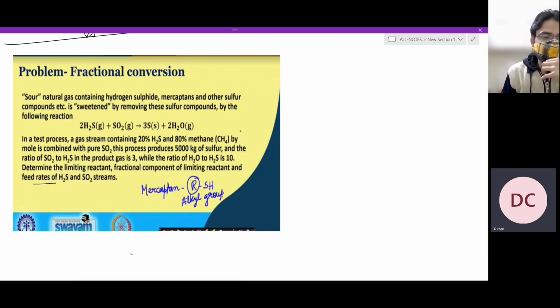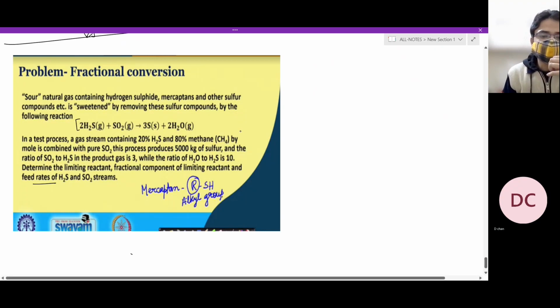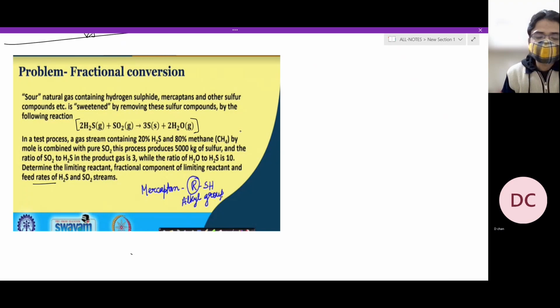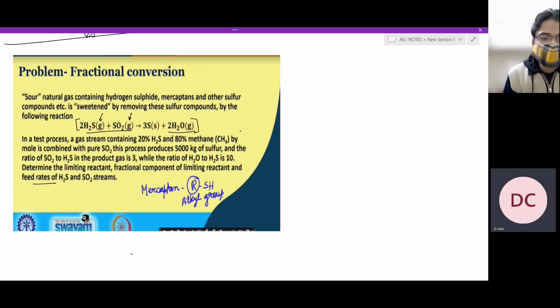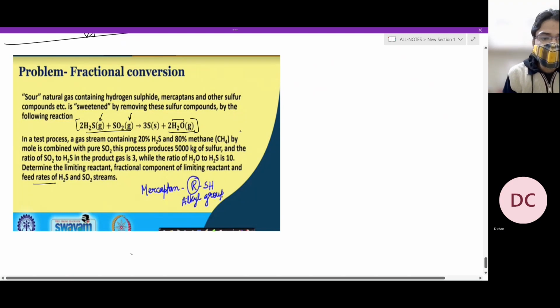A bit of physical understanding of what's happening in a problem is always beneficial for understanding what types of products you are generating and what the different states of the products are. For example, you can check right over here that gaseous reactants are reacting together and producing a gaseous form of water, that is H2O, effectively water vapor, and a solid form of sulfur.